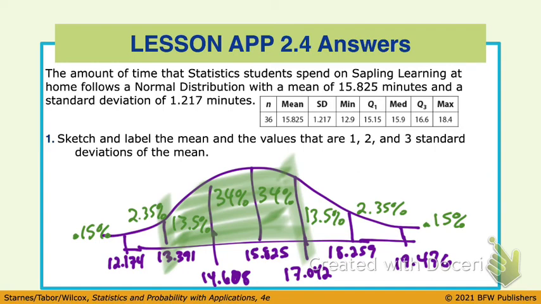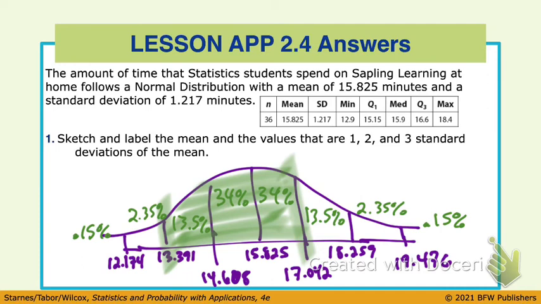What did you guys get for number 2? 81.5%. FYI, a proportion is a decimal. So you just take the percent and turn it into a decimal. So it would be 0.815.